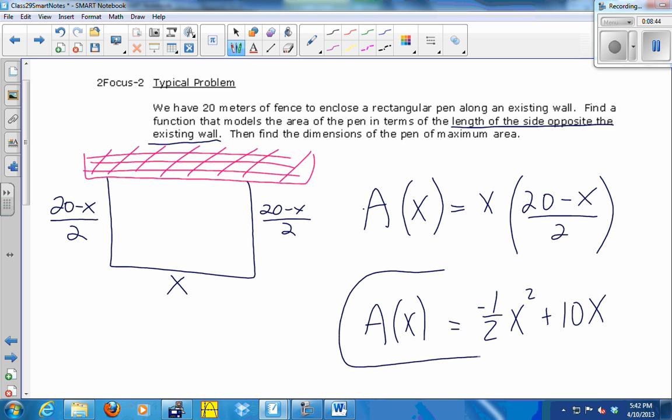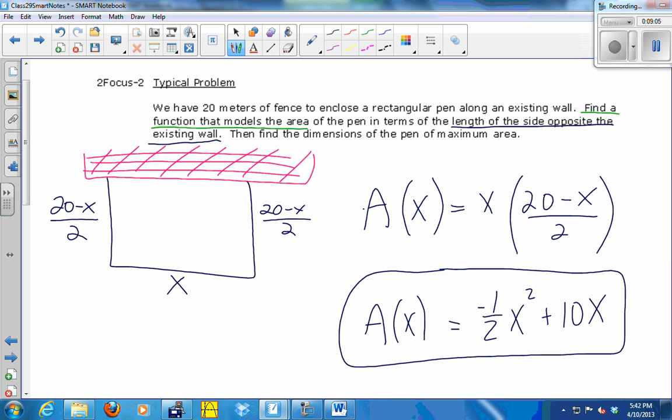Okay, so there's the first part of the question, finding a function that models the area. And then we're supposed to use that function to find the dimensions of the pen of maximum area.